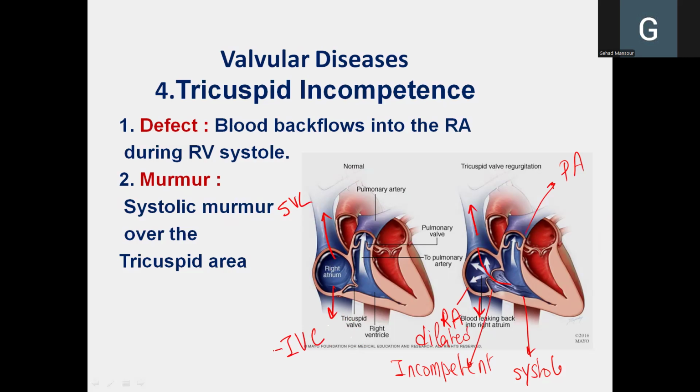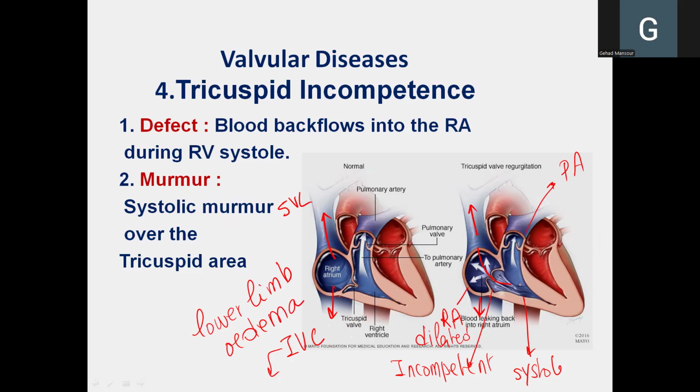Of course, if it regurgitates into the inferior vena cava, the main problem for the patient would be edema or swelling of the lower limbs, lower limb edema, because the veins are congested with blood. But there is another problem.